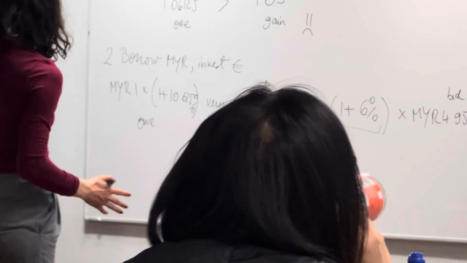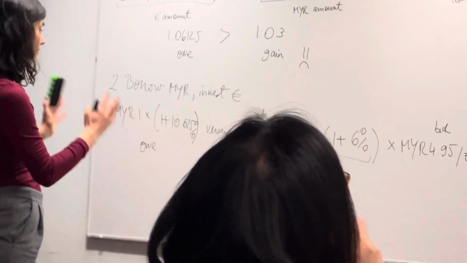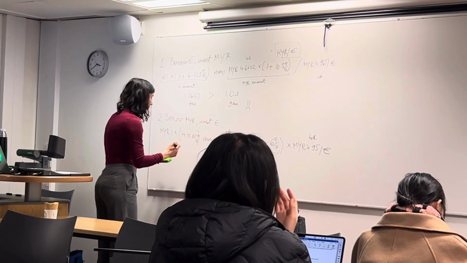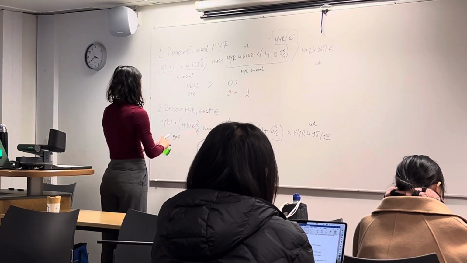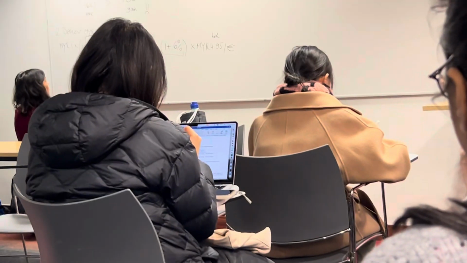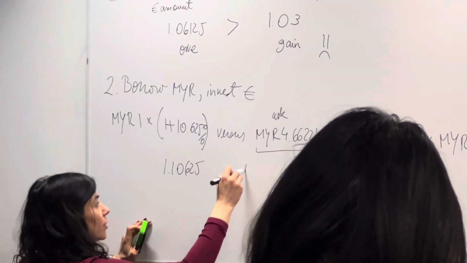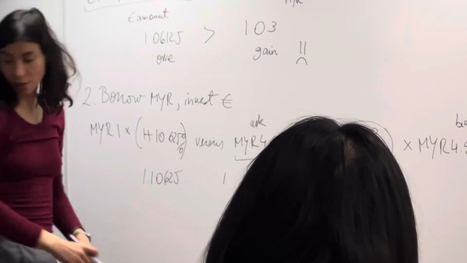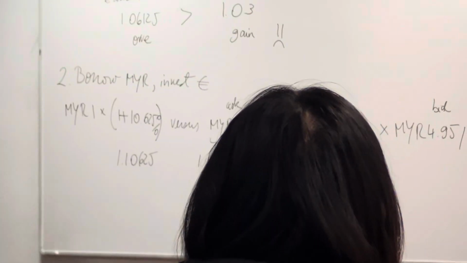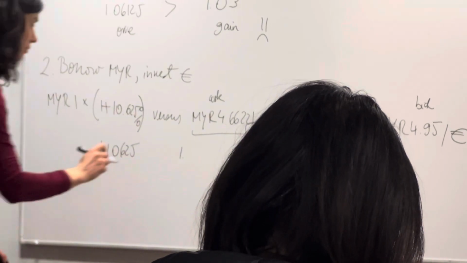So then again, now it is arithmetic, so we should have a value on the left hand side and compare it with the right hand side. So on the left hand side we should have 1.10625, and on the right hand side we should have 1.125.